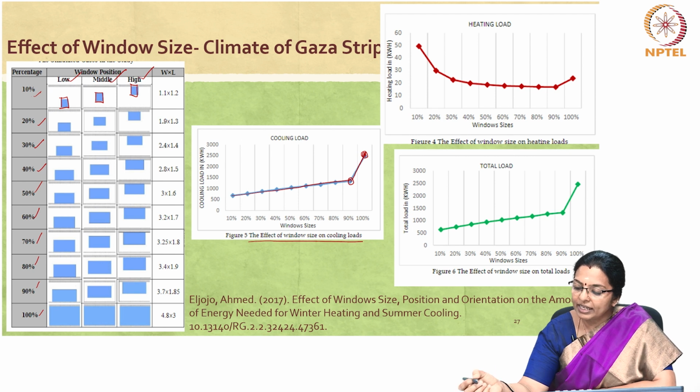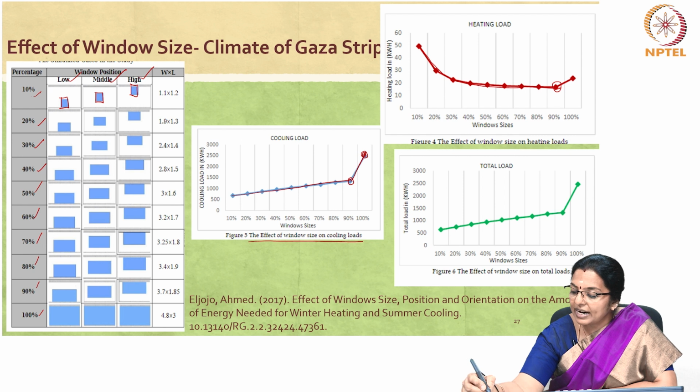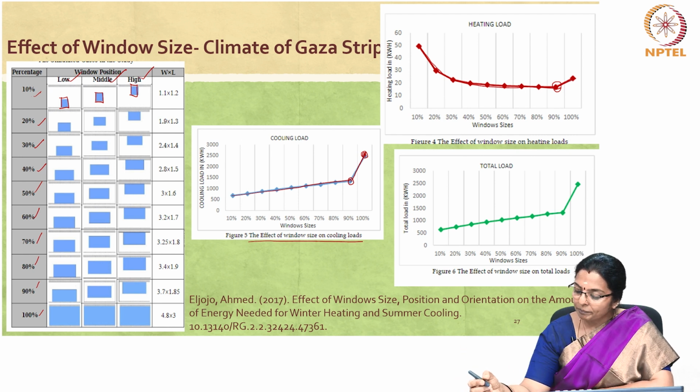If we look at the heating load, the heating load comes down up to 90%. There is a drastic reduction in heating load between 10% to 20%, and there is a sudden increase in heating load when the window opening increases from 90% to 100%.